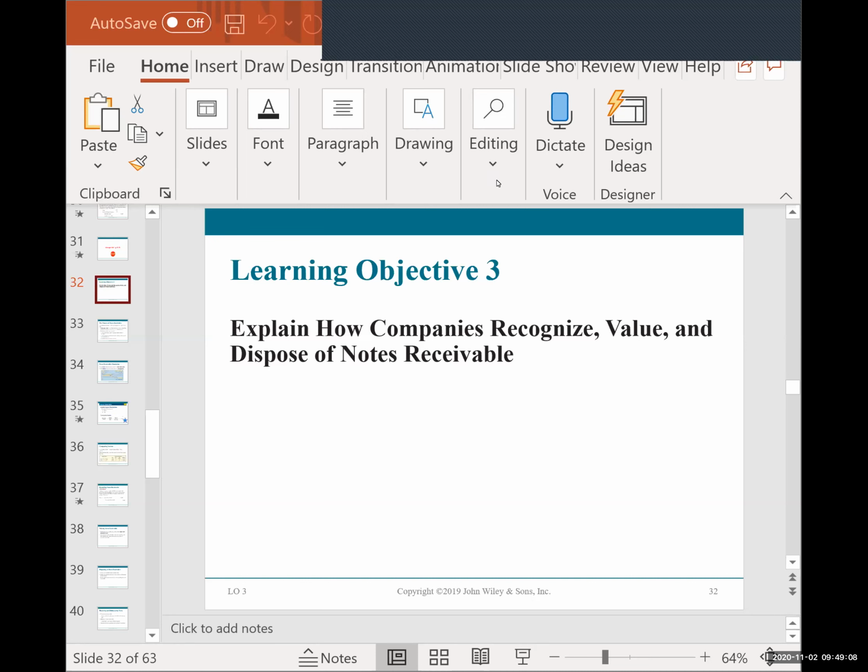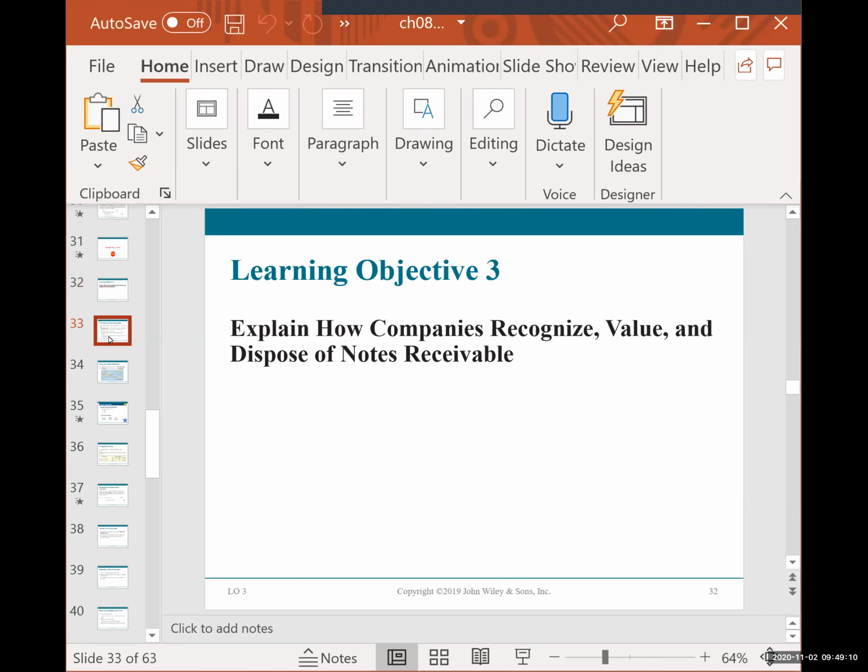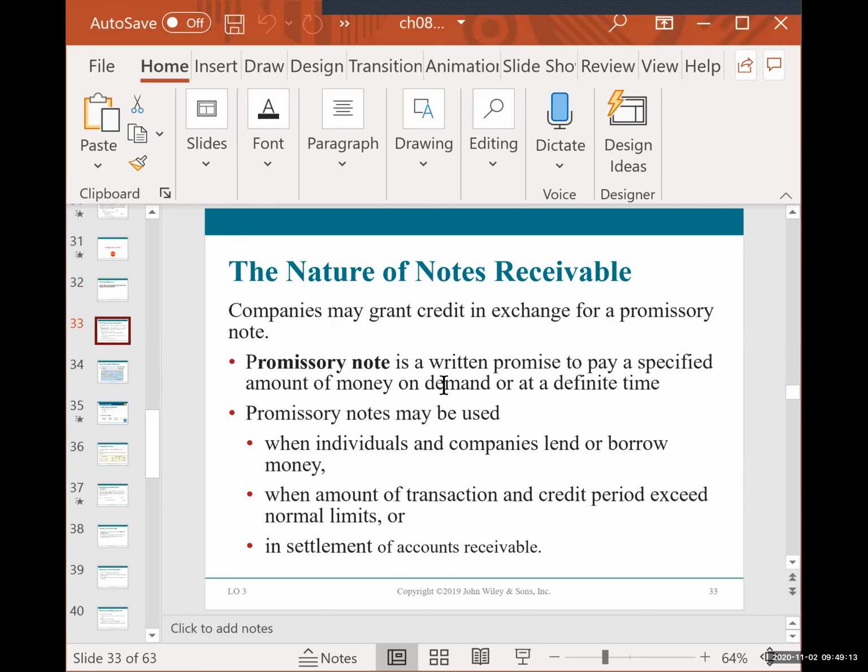Sorry about that. Okay, so as I mentioned before, when we were looking at accounts receivable versus notes receivable, notes receivable is different from accounts receivable because accounts receivable is an ongoing account, what they call a revolving account, where you charge and pay and charge and pay.